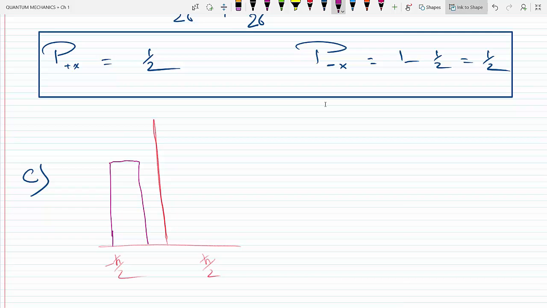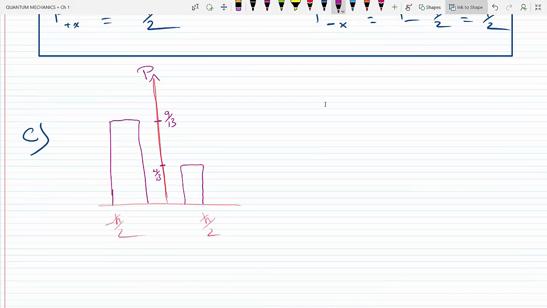Let's say here this is 9/13. This is the probability axis. And the 4/13, so if this is 9 dashes, you would do 4 dashes here. That's for Z.